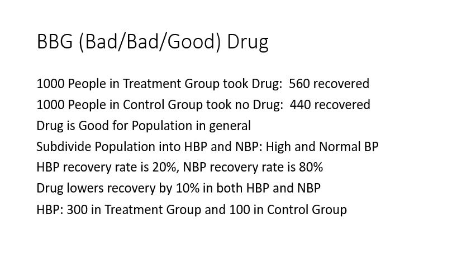In the high blood pressure group, the recovery rate in the control group is higher, and in the treatment group is lower, and similarly in the normal blood pressure group. So the question is, why? How can the drug be bad for people with high blood pressure and bad for people with normal blood pressure, but good for people in general? This is another case of the Simpson paradox.